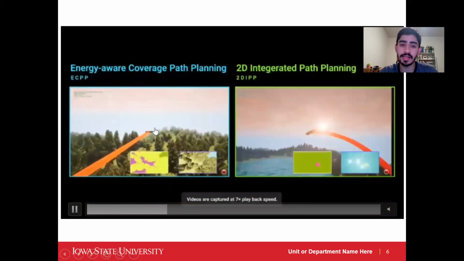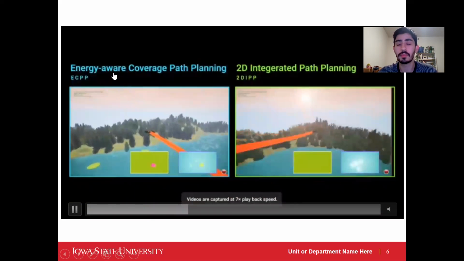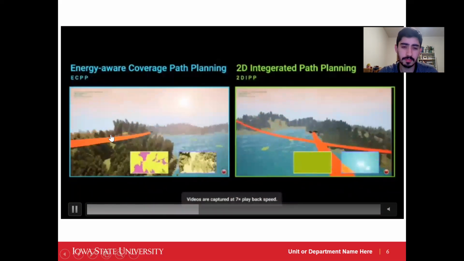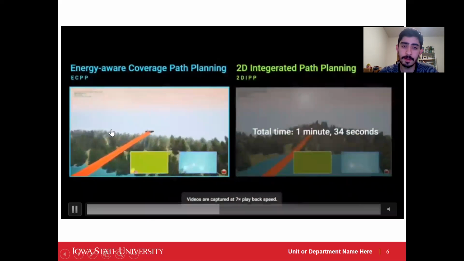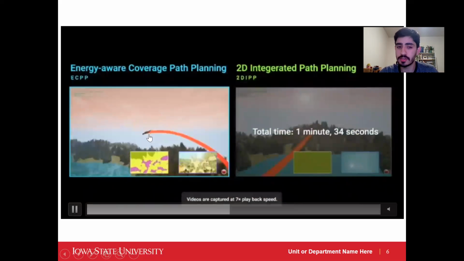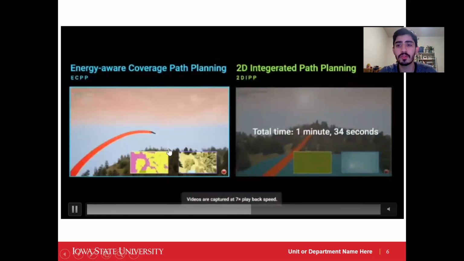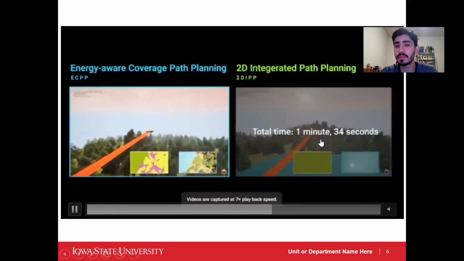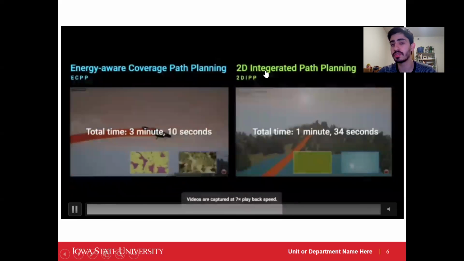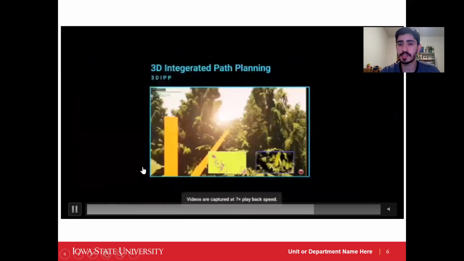We see the path that does the full complete coverage, although it is energy aware from the state of the art literature that adjusts the speed of this drone based on the wind, so that at least it minimizes the amount of power consumed with respect to speed. But as you see, 1 minute and 30 seconds for the 2D integrated path compared to around 3 minutes for the complete coverage, which kind of is expected.